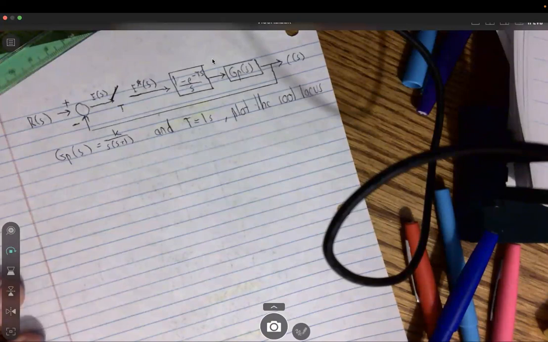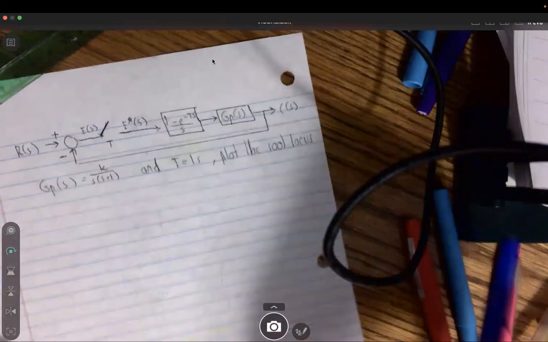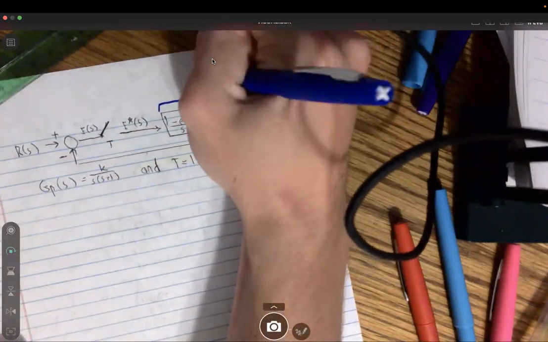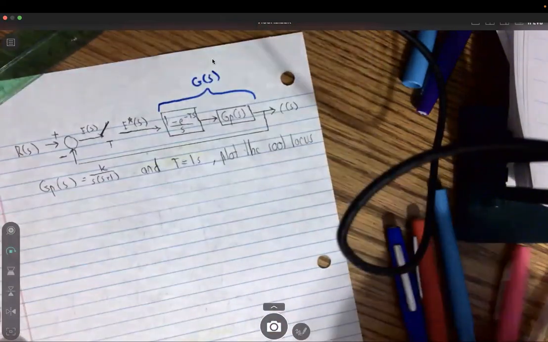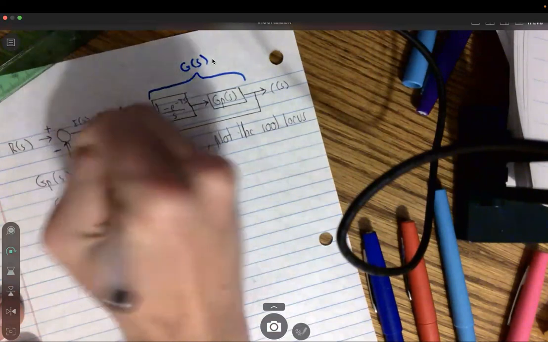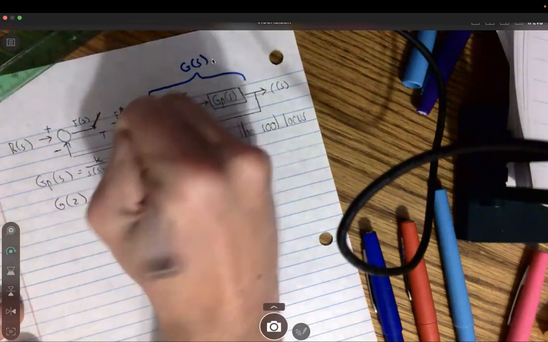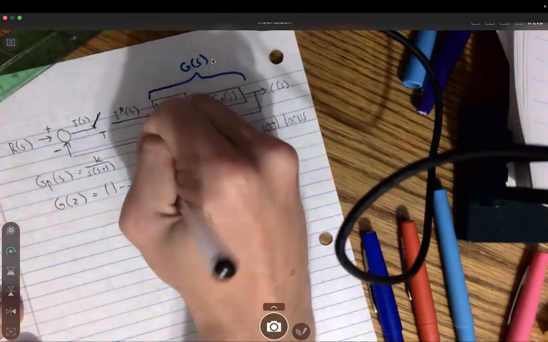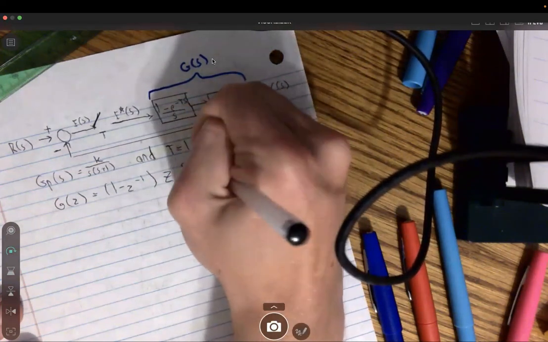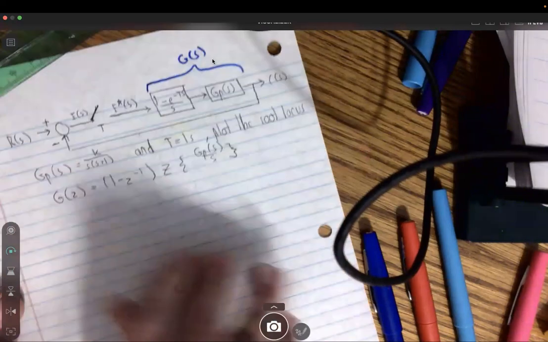So what we're going to do here is solve, and remember, this is just your G of S right here. So your G of S, or G of Z now, is going to equal (1 minus Z to the -1), because we have a zero order hold, and then you have to take the Z transform of GP of S all over S, which we can do.